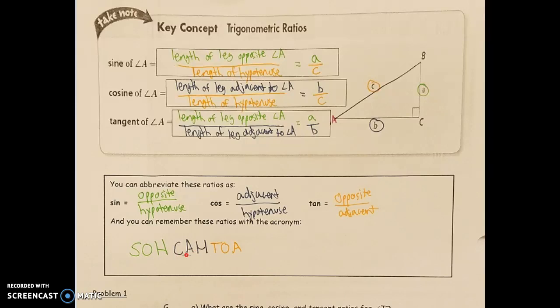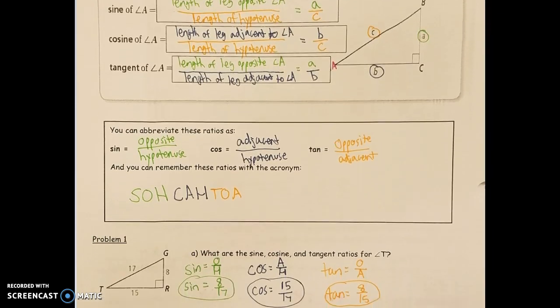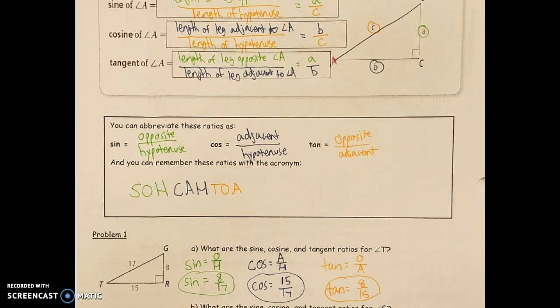The CAH stands for cosine is adjacent over hypotenuse, and for the tangent, TOA, that's opposite over adjacent. So one more time, sine is opposite over hypotenuse, cosine is adjacent over hypotenuse, and tangent is opposite over adjacent. SOHCAHTOA.